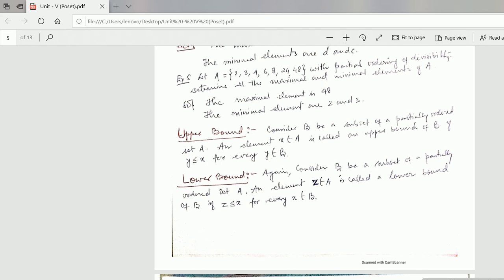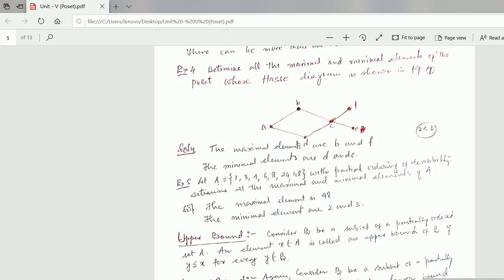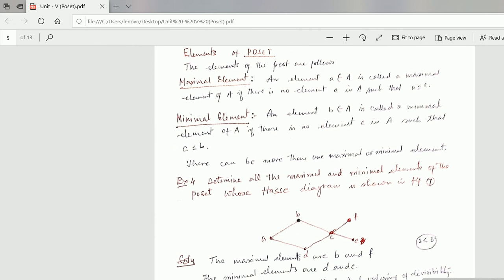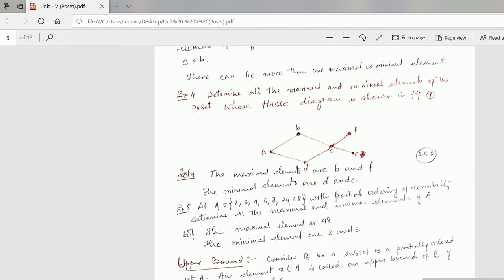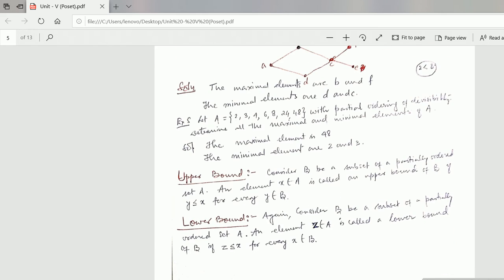The same idea goes with 3, because there is no element other than 3 which is less than or equal to 3. So the minimal elements are 2 and 3. In this way we can find the maximal and minimal elements of a poset, and you should try to solve more examples given in the book.